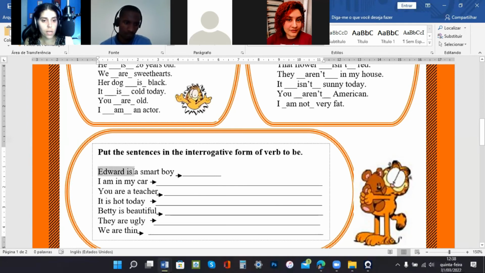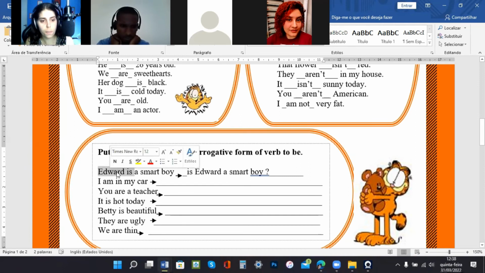Here I have, Edward is a smart boy. The question is: Is Edward a smart boy? It is necessary to invert the subject, the person, and the verb to be.